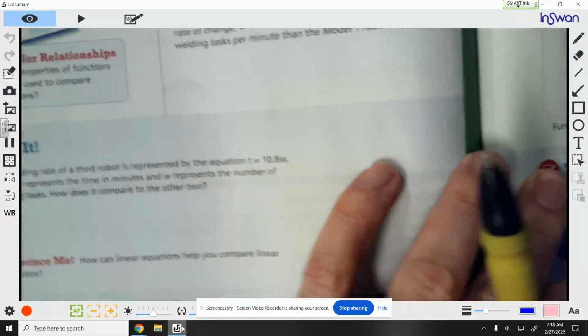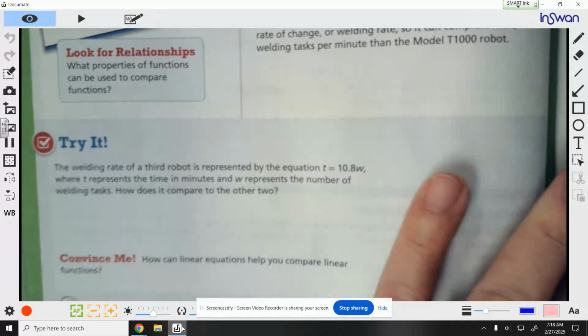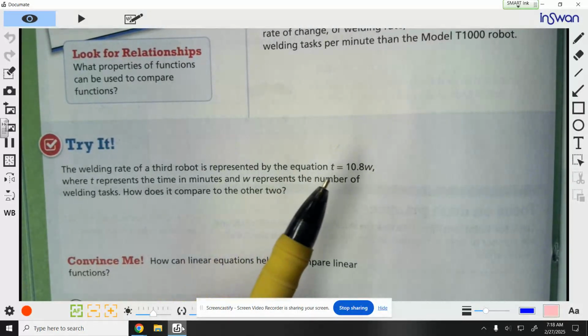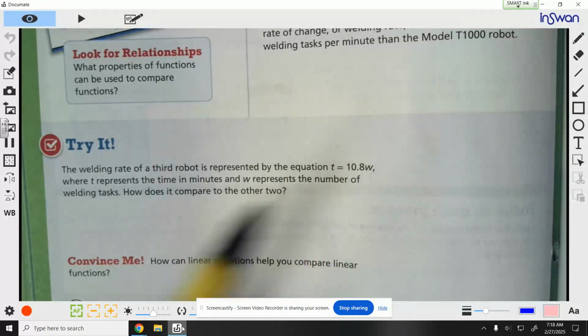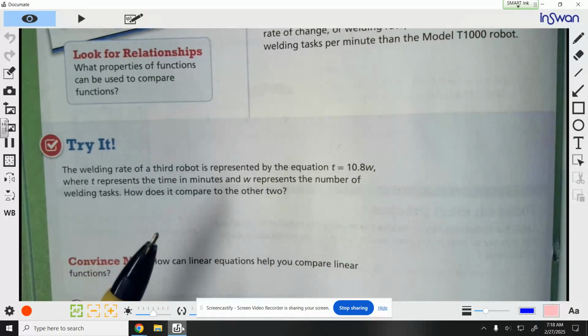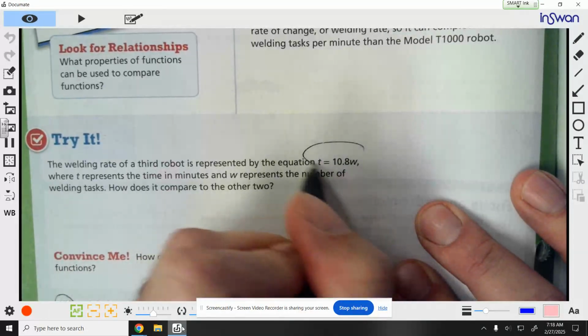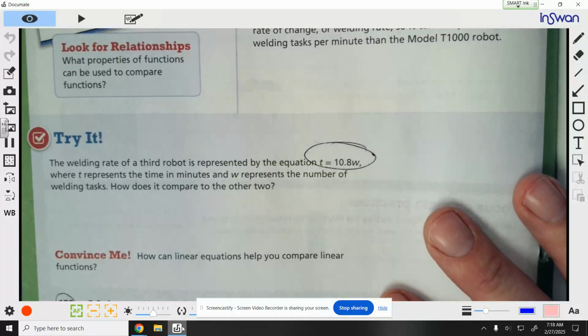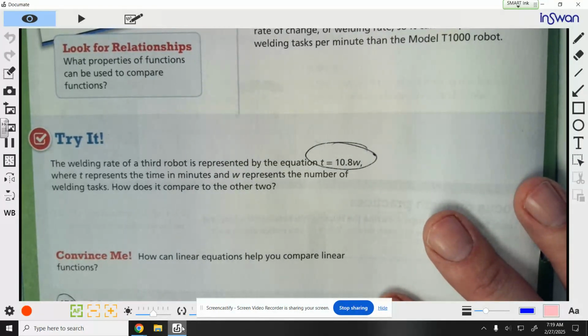Okay, down below, try it. It says, the welding rate of a third robot is represented by the equation T equals 10.8 W, where T represents the time in minutes and W represents the number of welding tasks. How does this rate compare to the other 2 robots? Type your answer, please.